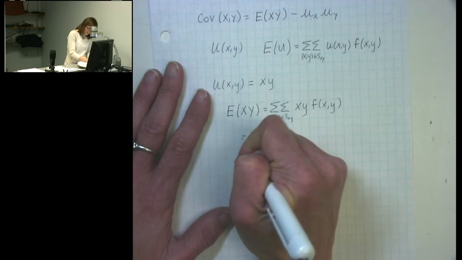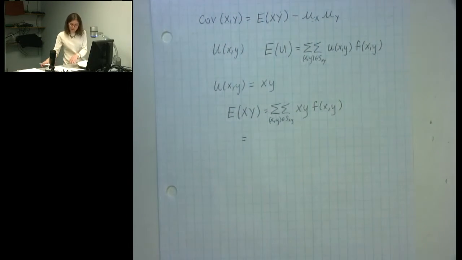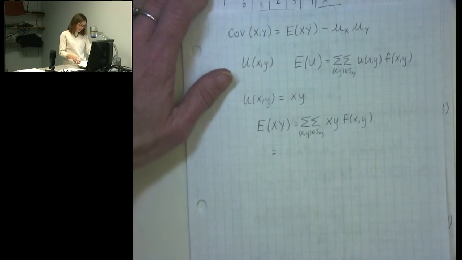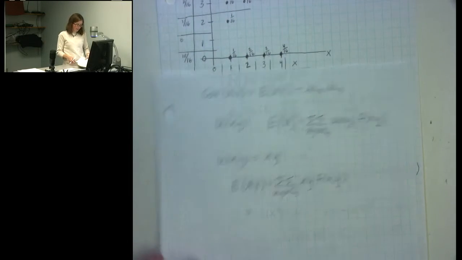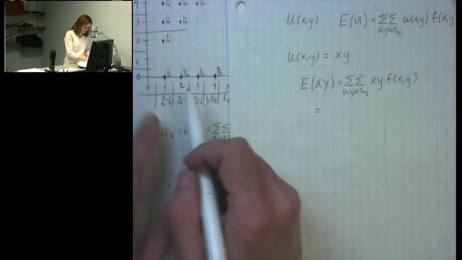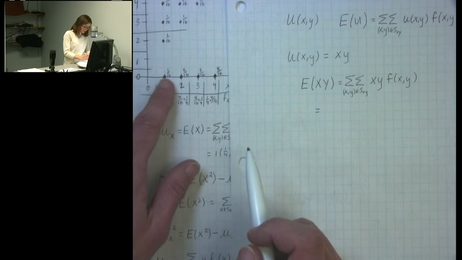So let's see. Let me grab my probability mass function again so I can take a look at it. Okay, so I've got 1, 0.